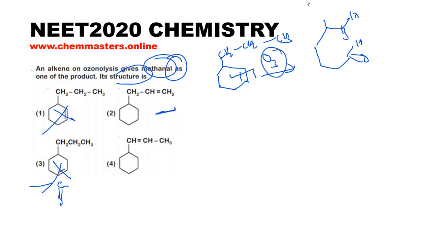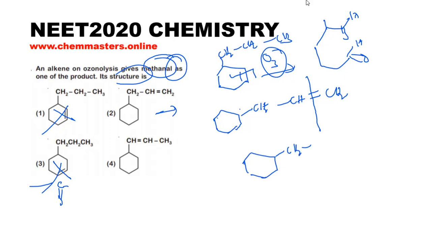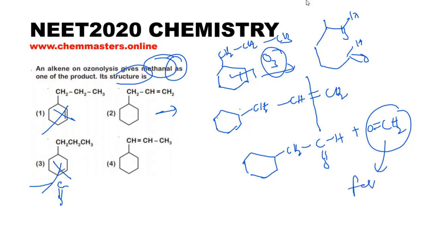Now just look at the second one. Here CH2 double bond CH, CH2. On ozonolysis, you will produce CH2 double bond O, and here CH2 double bond O. We can call it formaldehyde or methanal.